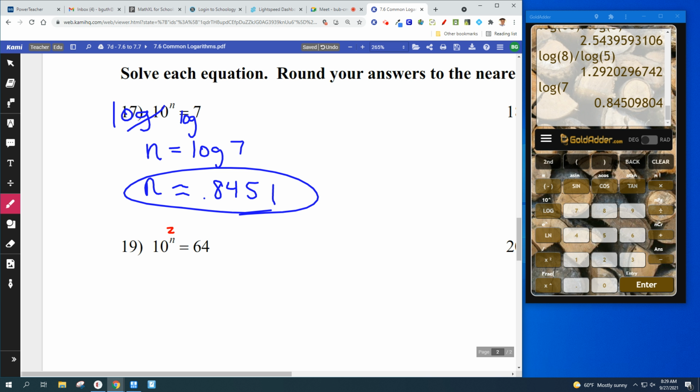I can kind of see the future a little bit. I know my answer is going to be in between 1 and 2, but I don't really need to do that. I'm going to take a log on both sides. So n is going to equal whatever log 64 is. Log 64. Two, right?